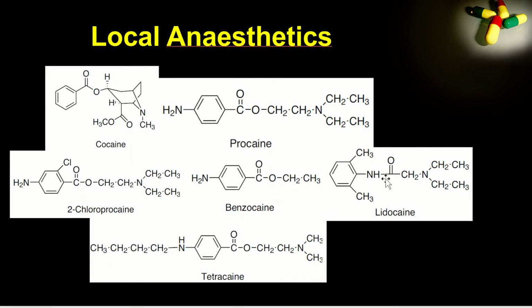Well, we have an amide here, and we have our hydrophobic chain, and we're seeing just two CH2s generally, and we have our tertiary amine here, right? So clearly our prototypical local anesthetics, and all of them seem to be related in structure.